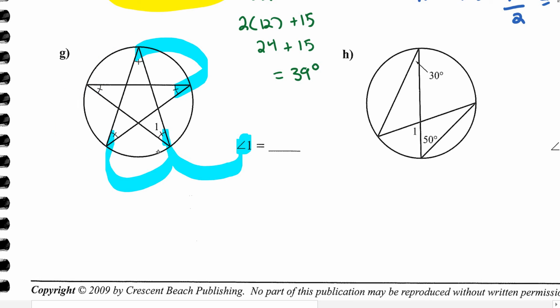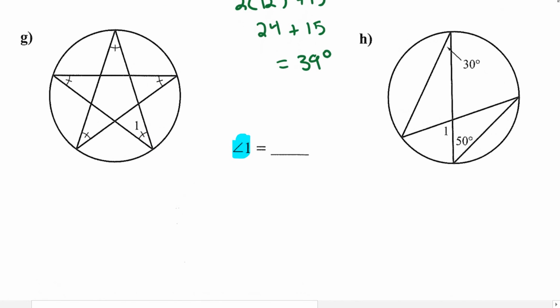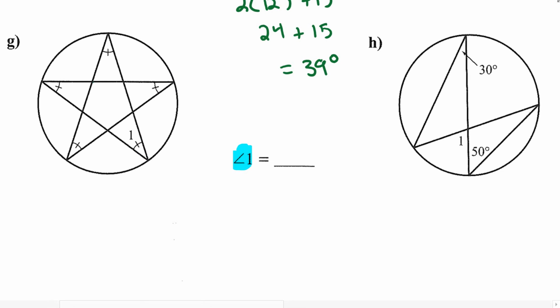Anyways, angle 1 shouldn't be too hard to figure out because if I look inside the middle here, once again, what shape is that? That's a pentagon, and I know that for a pentagon, each interior angle is 108 degrees. Okay, now we can use this to our advantage because over here, this is angles on a line in blue, right? So angles on a line mean that the two angles add up to 180 degrees.